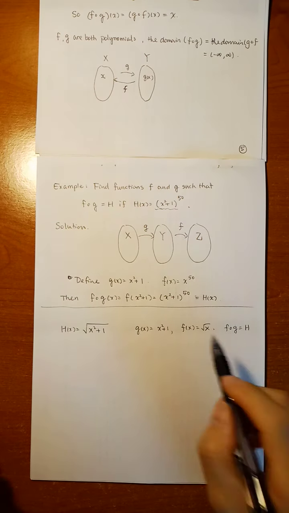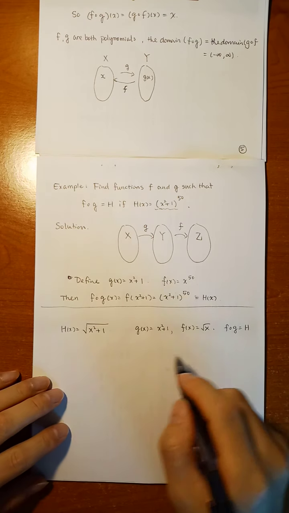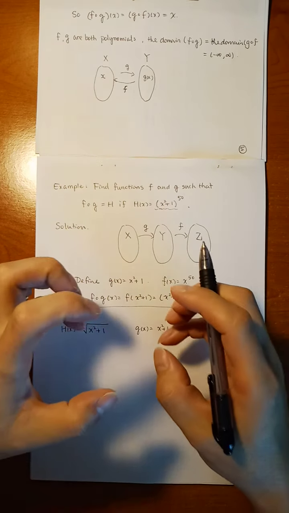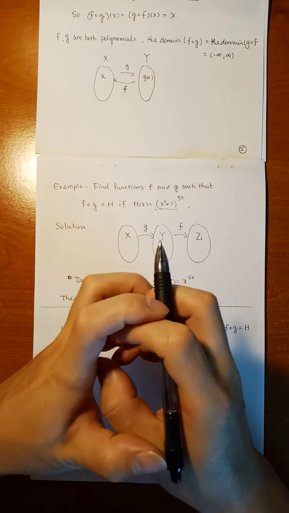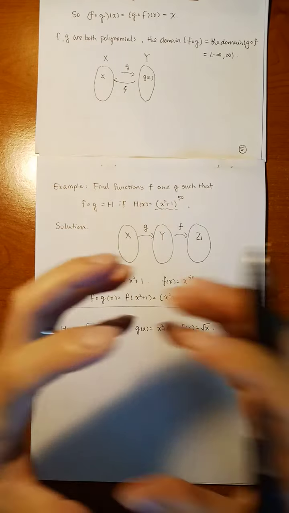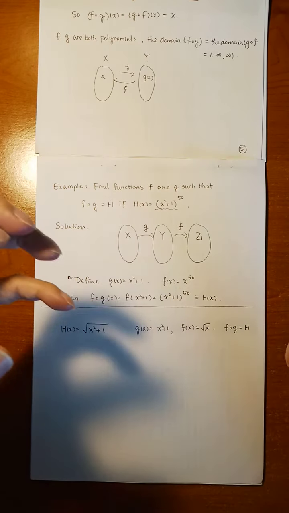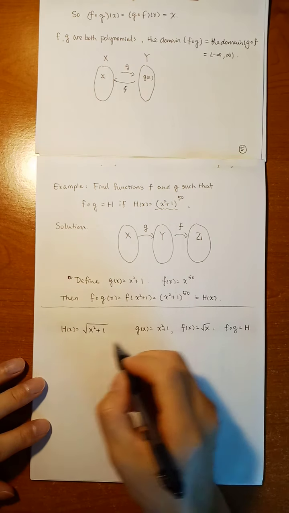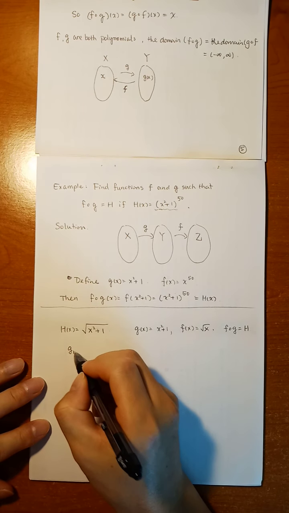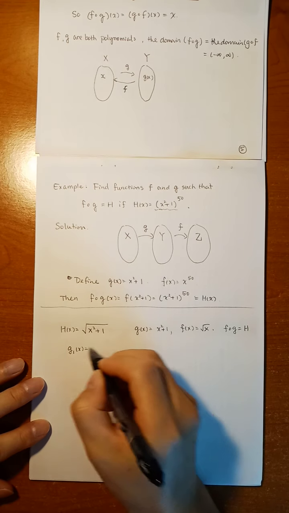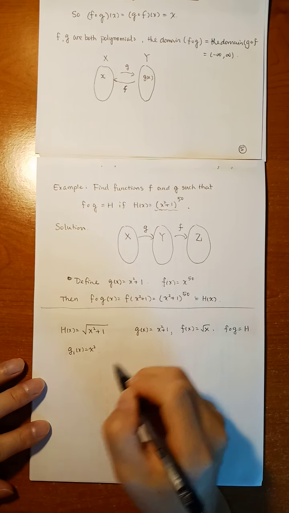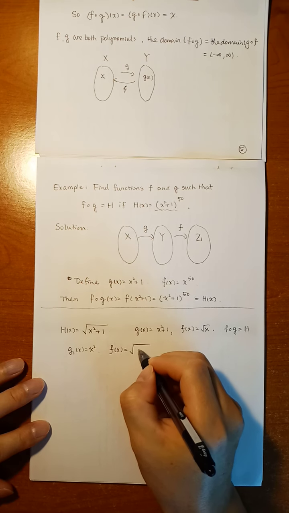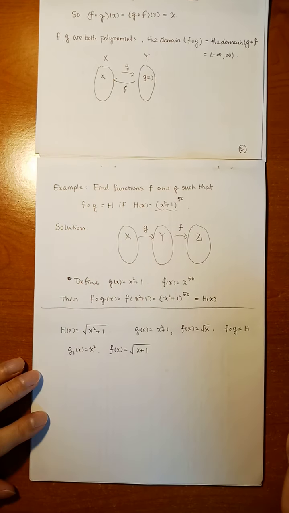Of course, this decomposition is not unique. When you have two parts and you compose them together, that is unique. But when you have a big part and you decompose it, normally it's not unique. We can do the following: we define g1 of x as x squared, and f1 of x as the square root of x plus 1.